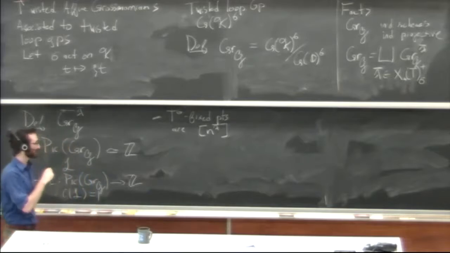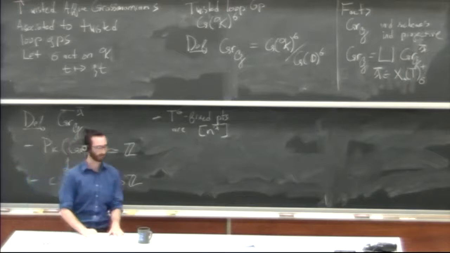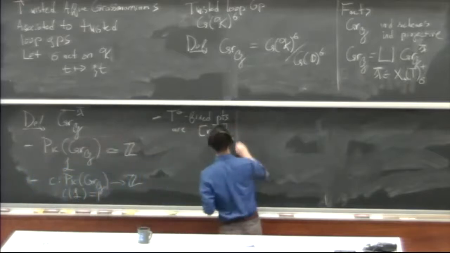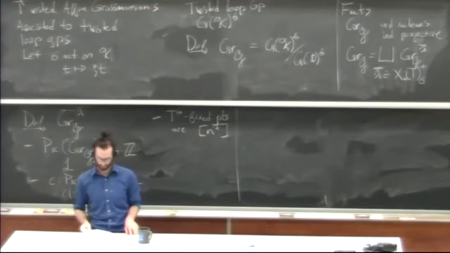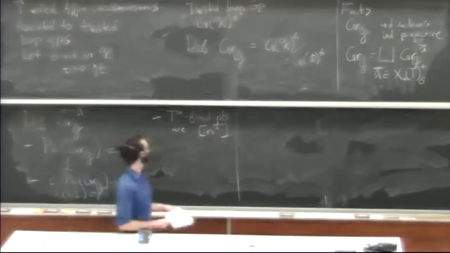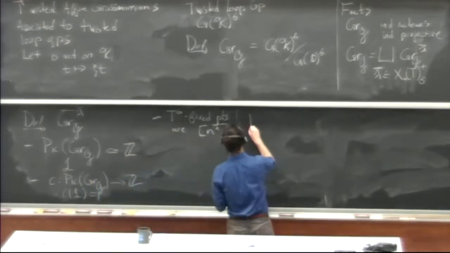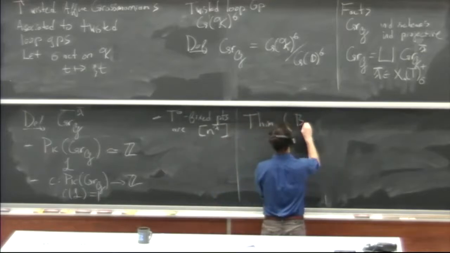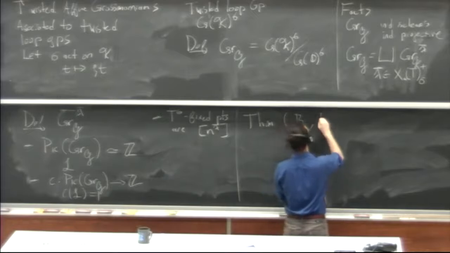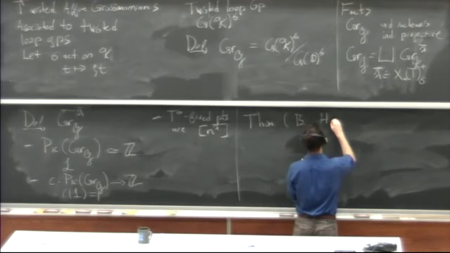And here, at least, I can formulate my results with Professor Xinwen Zhu. So once again, we can have the following theorem, which is due to myself and Professor Zhu Hong.